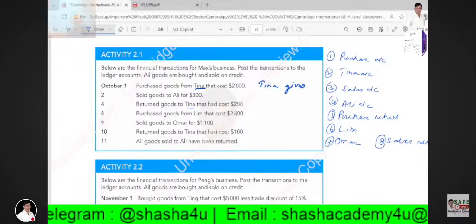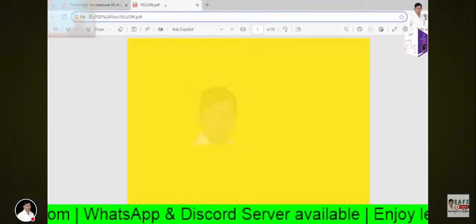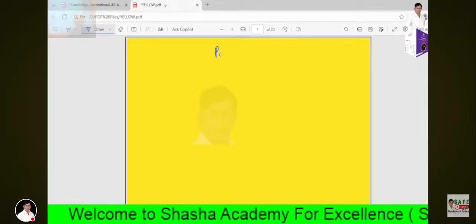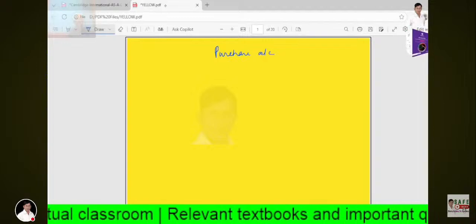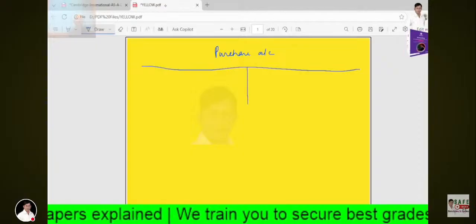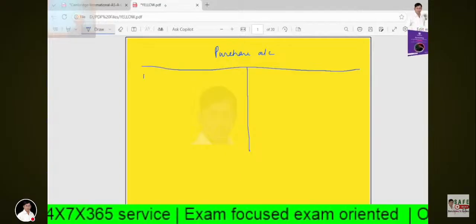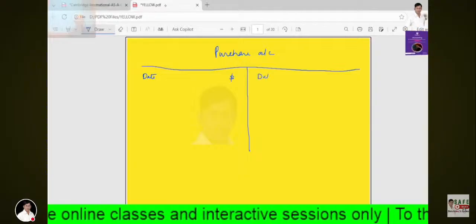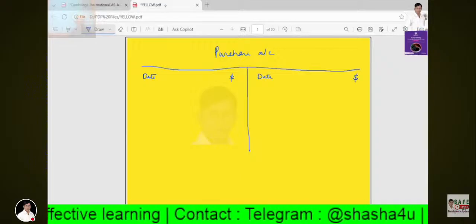Let us proceed. Let us start with the purchase account. Always put the date and the currency, and always write the heading, which account you are preparing.